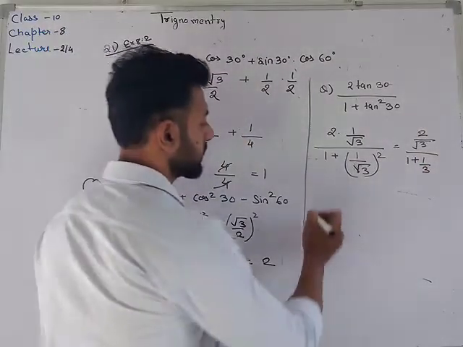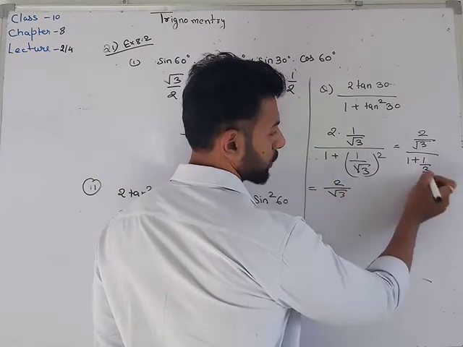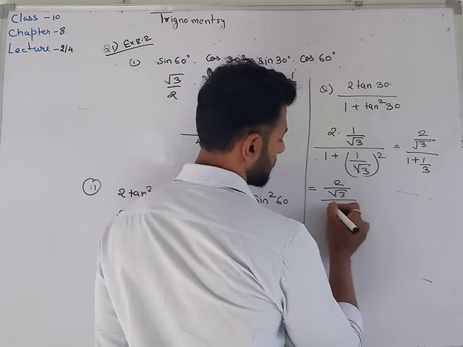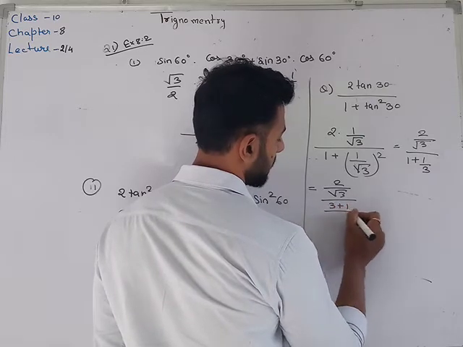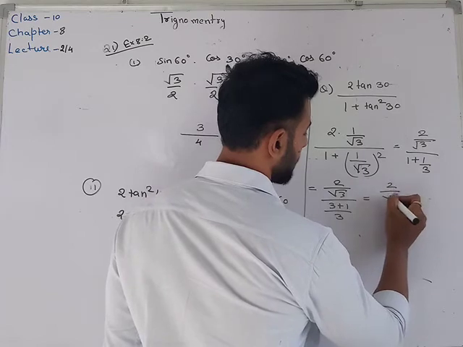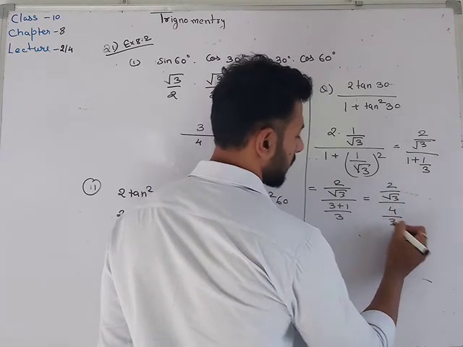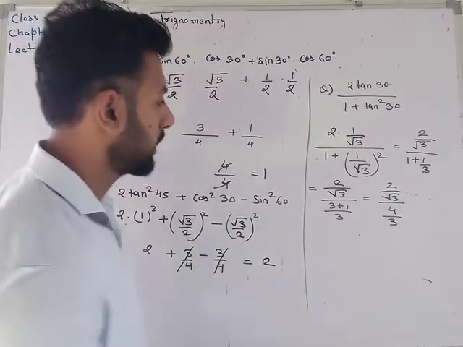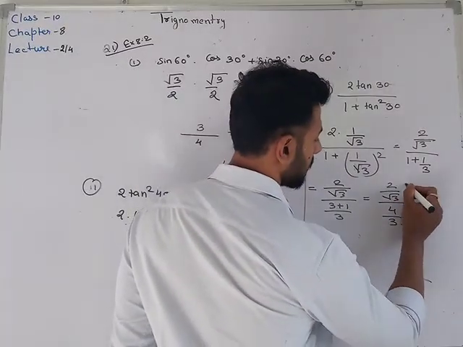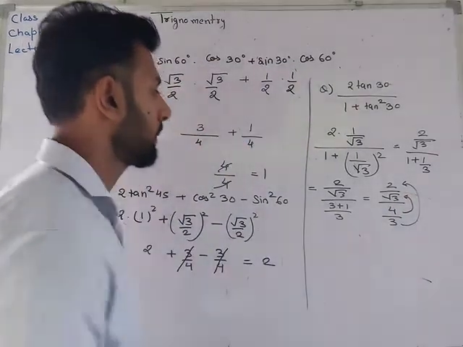Further solving this, we will be getting 2 by root 3, cross multiplying and solving. This will be 3 plus 1 upon 3, 2 upon root 3 upon 4 upon 3. Now this 3 will go on top and this 4 will multiply with this root 3.